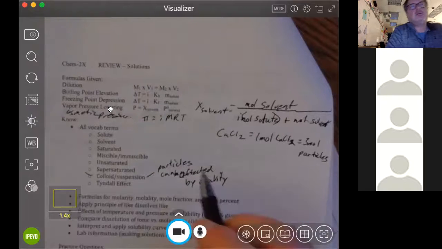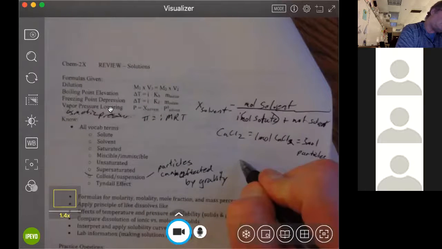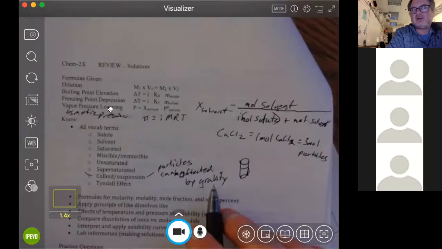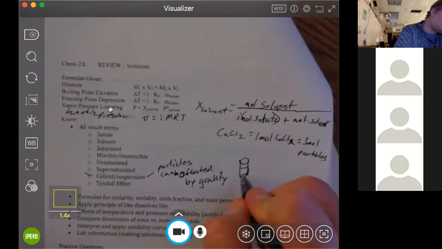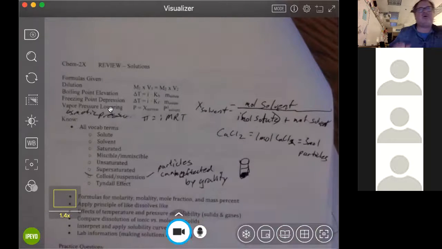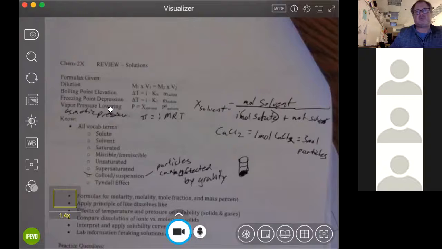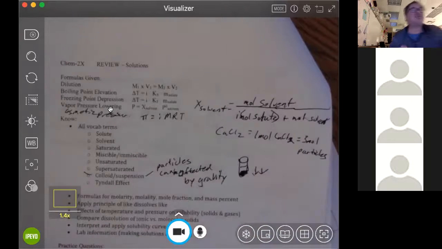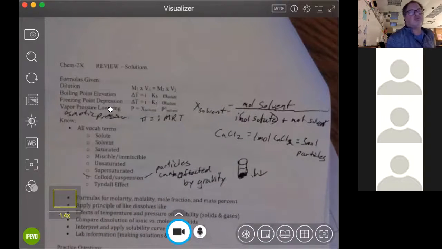The example we used last semester all the time was chocolate milk. If you allowed the chocolate milk to sit out, like Hershey's chocolate milk, eventually you would get a dark layer at the bottom, and then the milk would become pure as you went up. That's because the particles that were suspended are now pulled down by gravity.